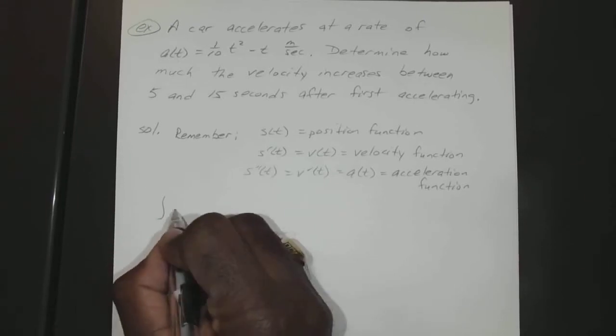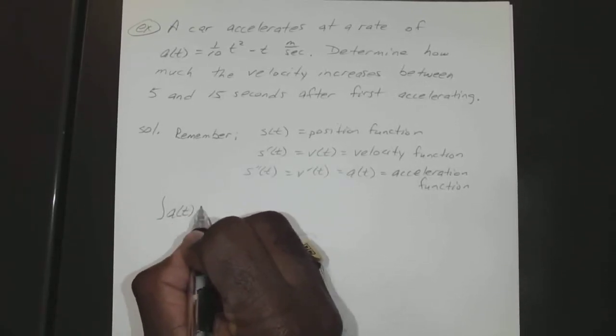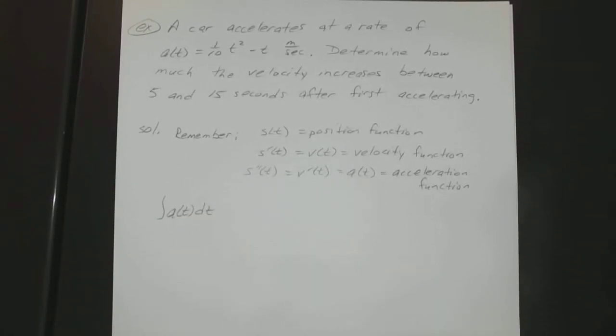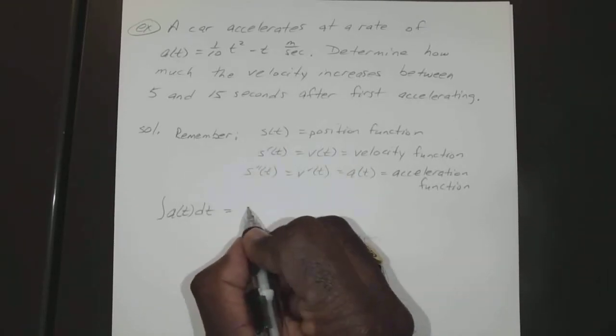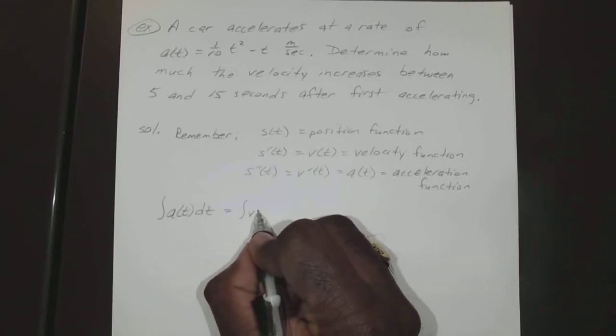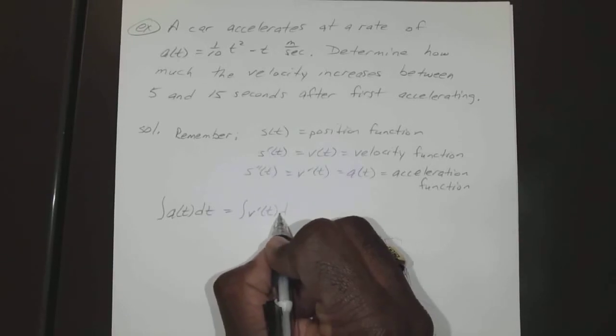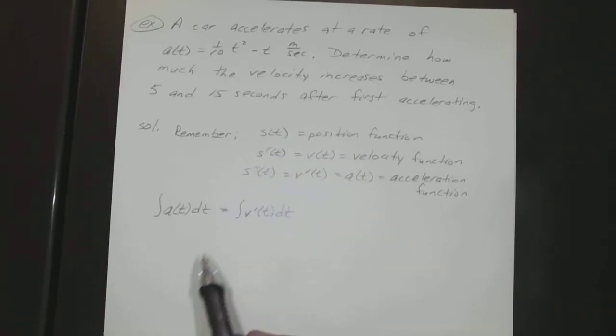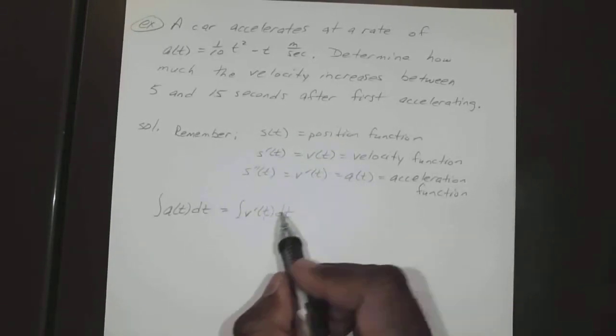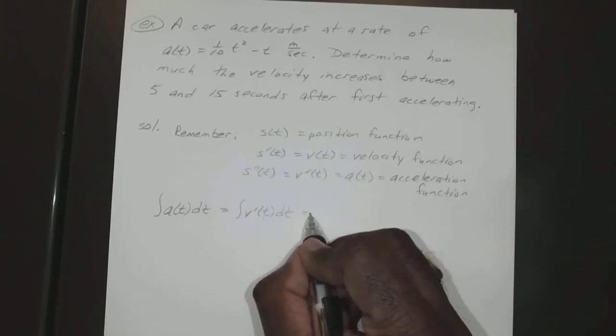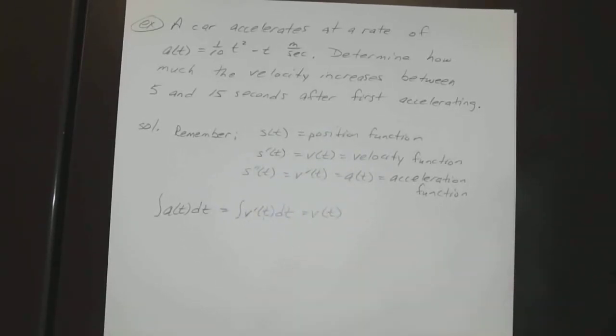So you just find the antiderivative. Yep, so the integral of our acceleration is just really the integral of our velocity function prime. So the integral of the velocity function prime is just our velocity function. So that would give us the change in velocity.